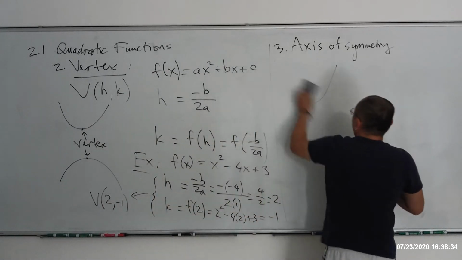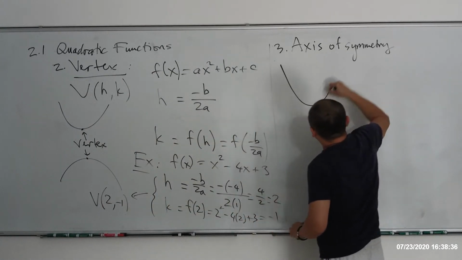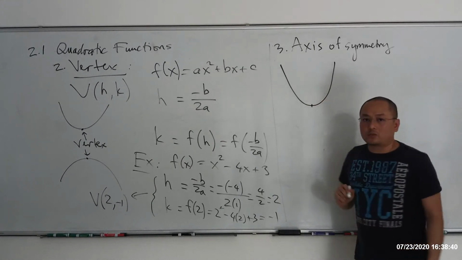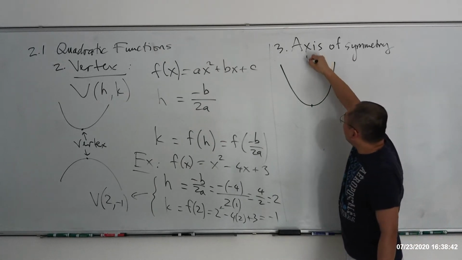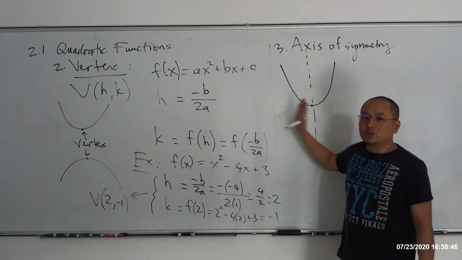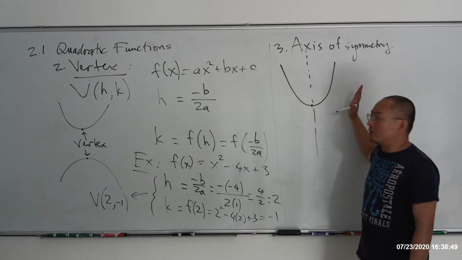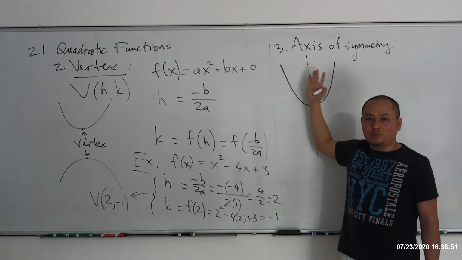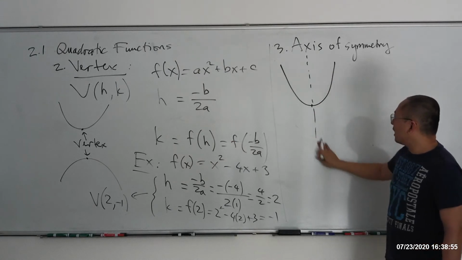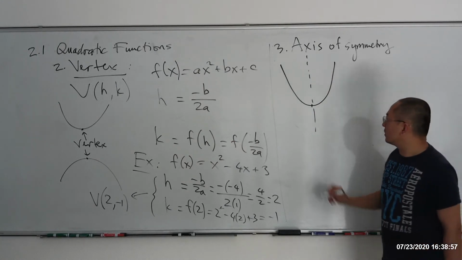So, axis of symmetry. Parabola upward. You see that the vertex is right here. If you draw the vertical line through the vertex, it's going to split the parabola into two halves, the left branch and the right branch, and it's actually symmetrical, meaning they reflect each other from that dotted line right here. And this line, we call it the axis of symmetry.